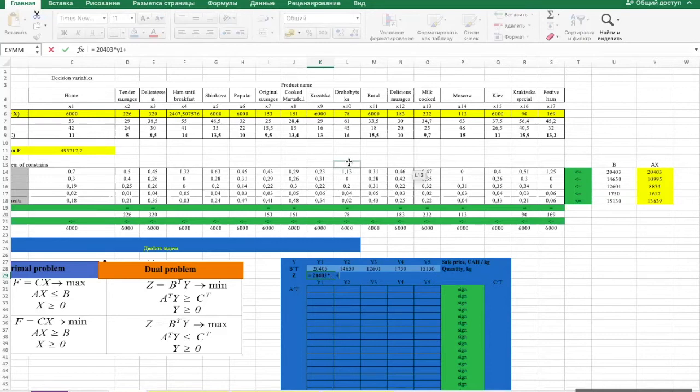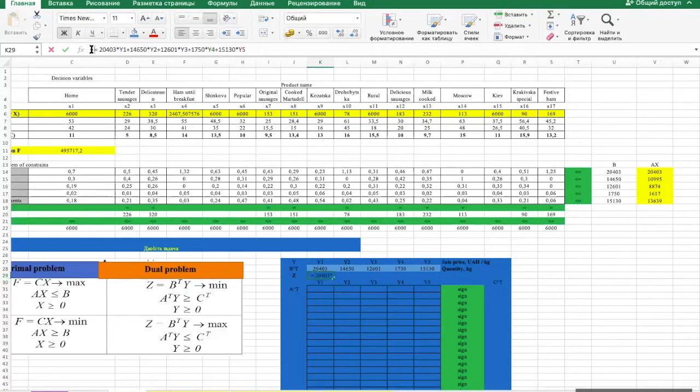y1 plus this value multiplied by y2 plus, multiplied by y3 plus 1 multiplied by y4 and multiplied by y5.